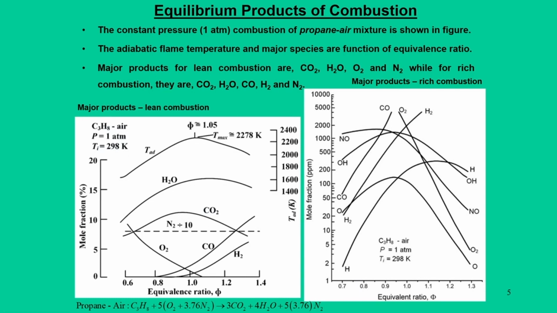So, our point of discussion today will be how these components are formed during a combustion process, what are the elementary reactions that accelerate these formations, and if at all they are formed, what is the condition of the fuel in terms of its equivalence ratio, whether it is rich or lean.